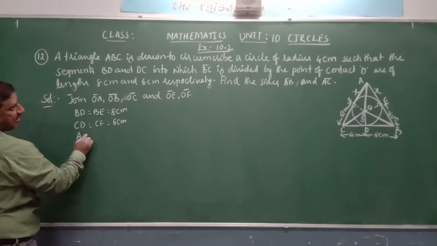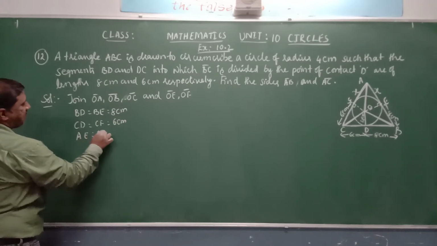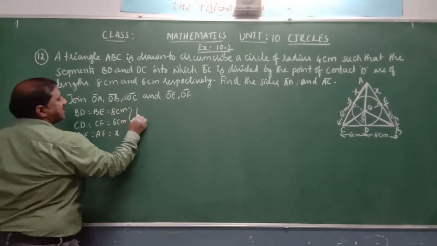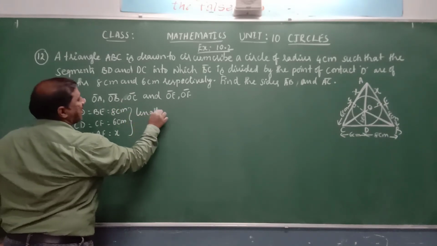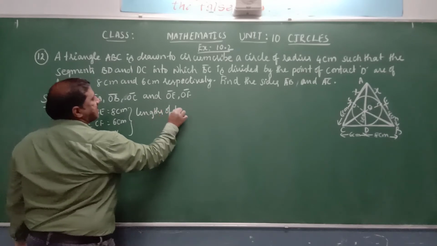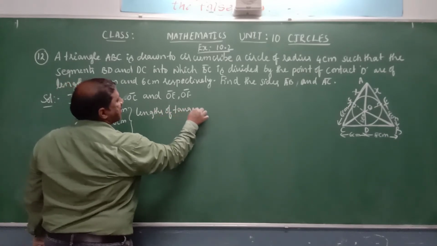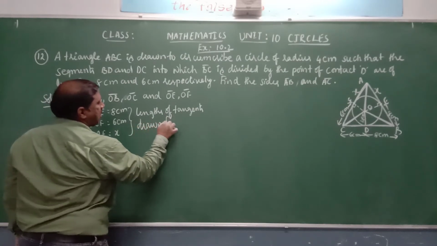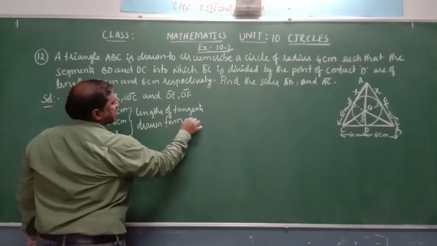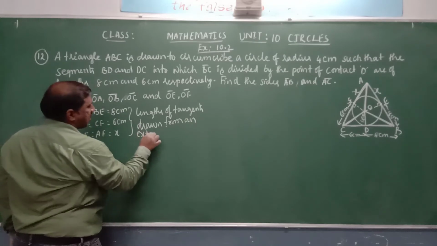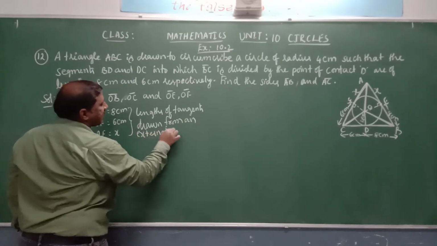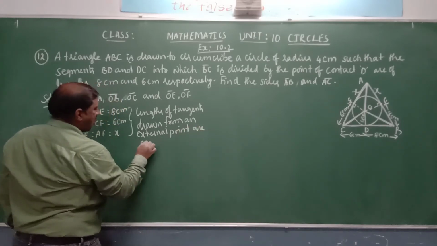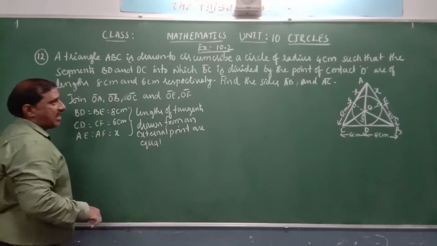AE is equal to AF, which we have taken as x centimeters. Why are they equal? Lengths of tangents drawn from an external point are equal.